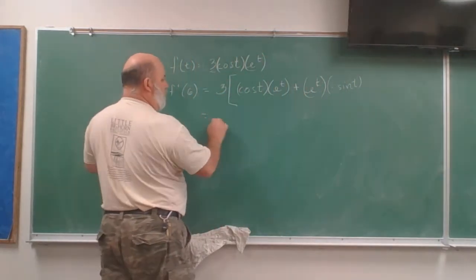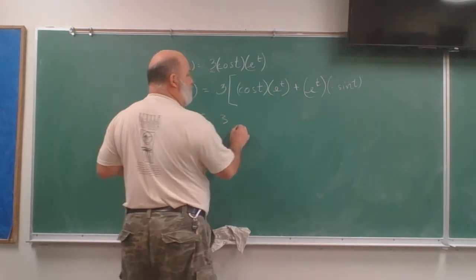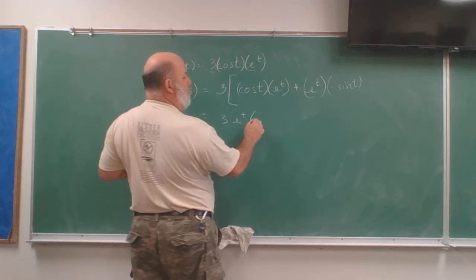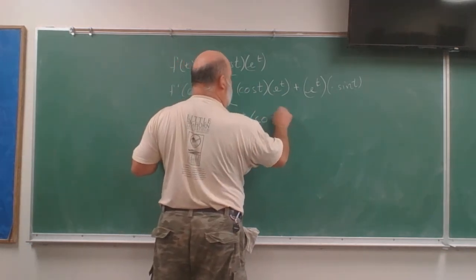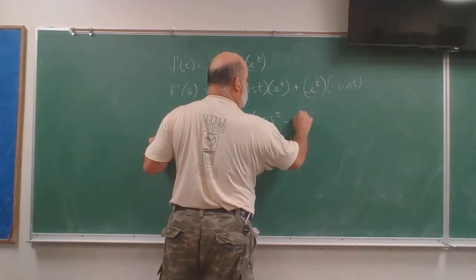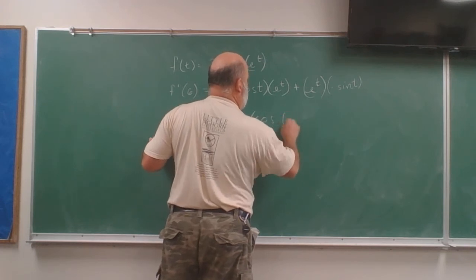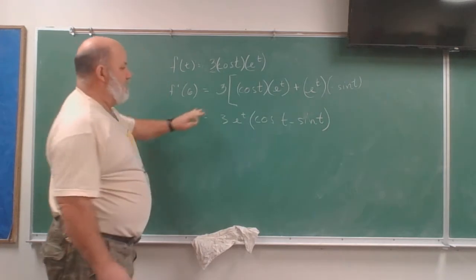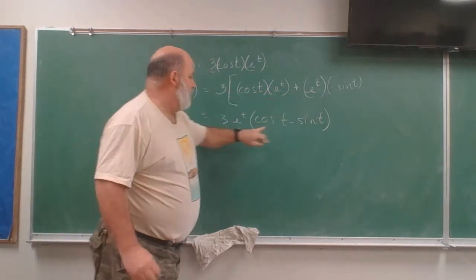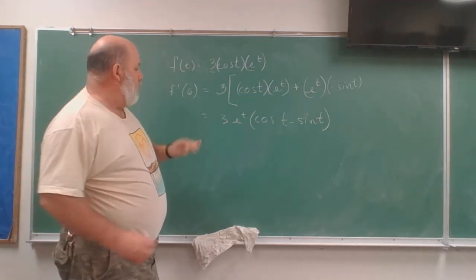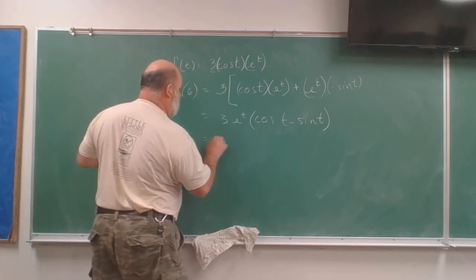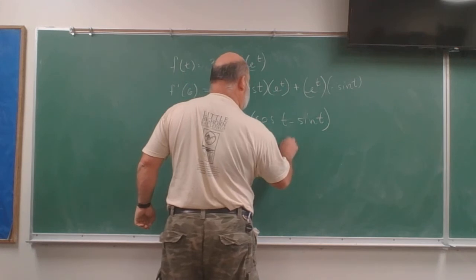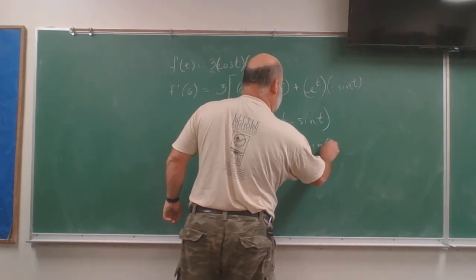So this will give me 3 times e to the t times cosine t minus sine t. What I did is I factored out an e to the t right here. So they want us to put in the number 6. 3e to the 6 times cosine of 6 minus sine of 6.